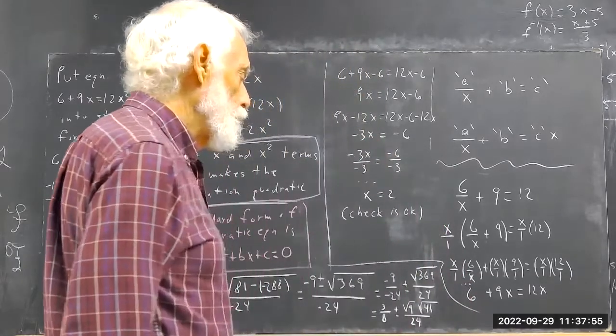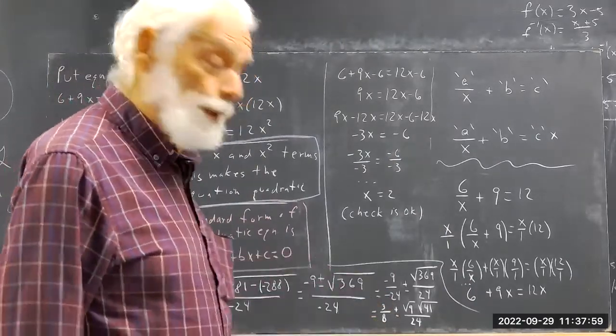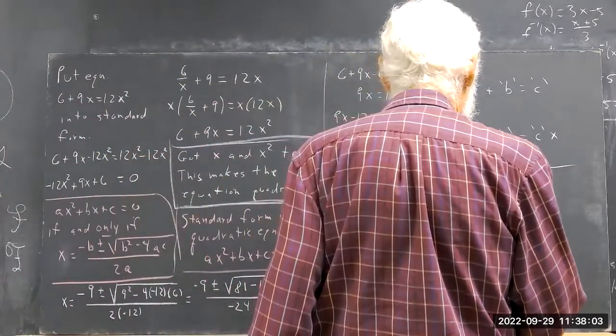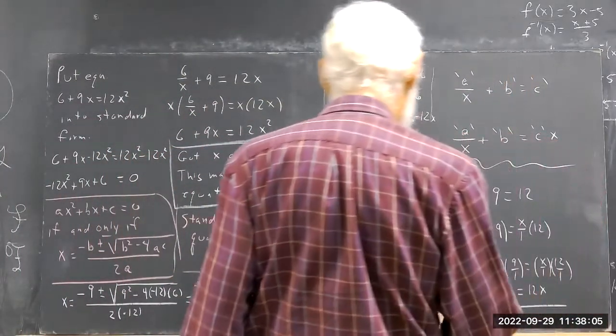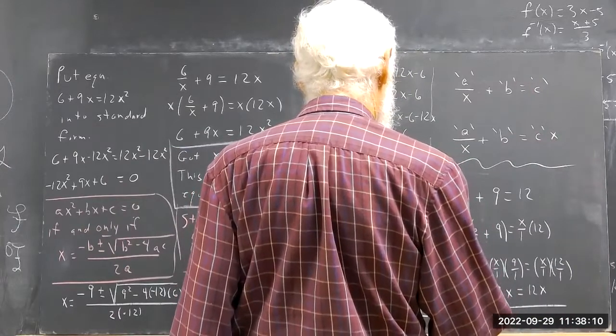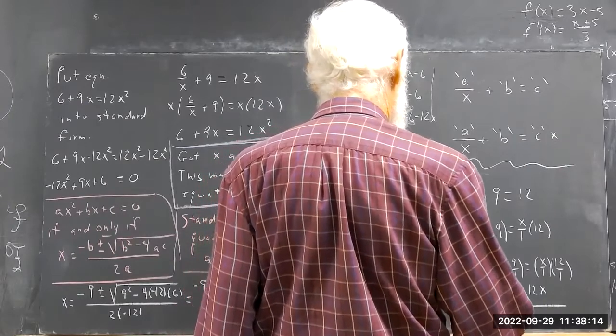Times the square root of 41 over 24. And of course, the square root of 9 is 3. Get ridiculous. Continue on. Let's demonstrate the arithmetic.